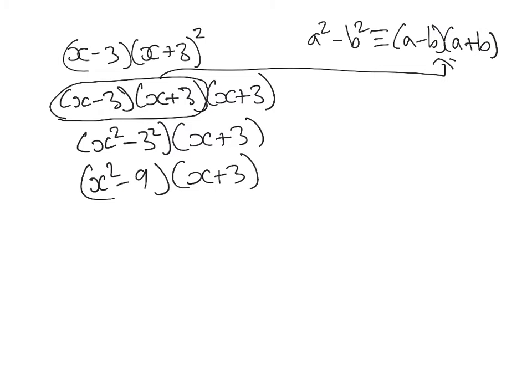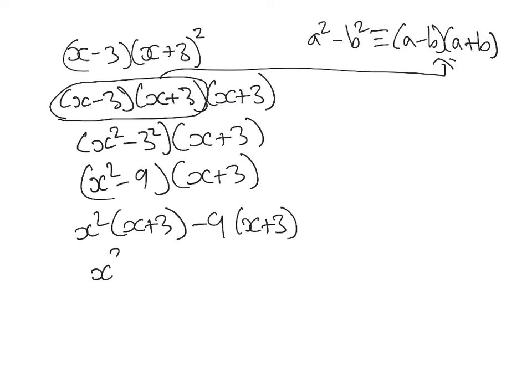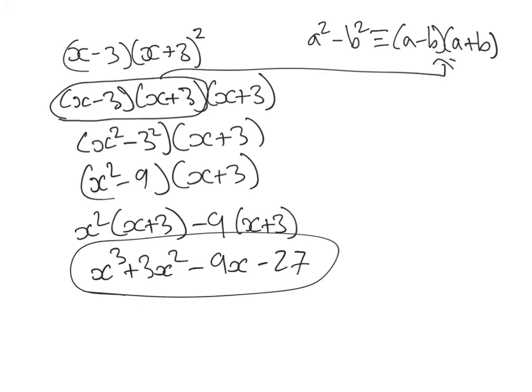And then it's a simple 2 bracket multiplication. So x squared, x plus 3, minus 9, x plus 3. Okay, so x cubed plus 3x squared minus 9x minus 27. And that's the answer. Okay, so sometimes look out for that. They use difference of 2 squares quite a lot, okay? Sometimes they try and hide it, especially if it's a higher question, but it's always worth looking for, okay?